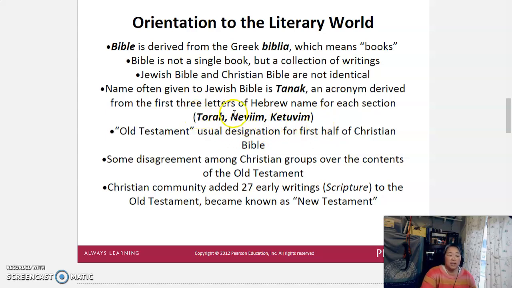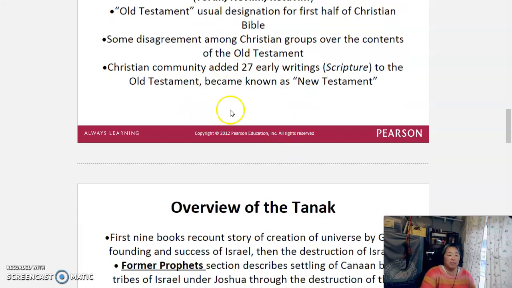And so if you take T, N, and K, that gives you Tanakh. Old Testament is usually what Christians call it, and how the books of the Old Testament are ordered is different depending on the Jewish Bible, the Tanakh, and the Christian Bible.